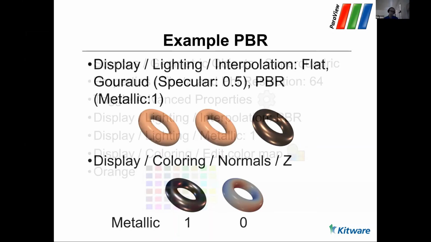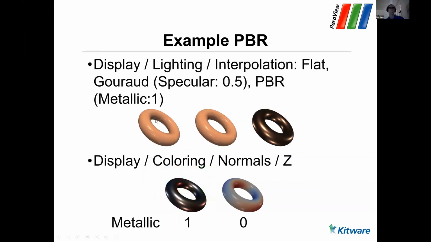So you can play with the parameters here. If you play with the metallic parameter, well, here I think I switched between Gouraud flat interpolation, Gouraud interpolation with specular 5, and then PBR. Also, this works if you do color mapping as well. So we can play here with this stuff.